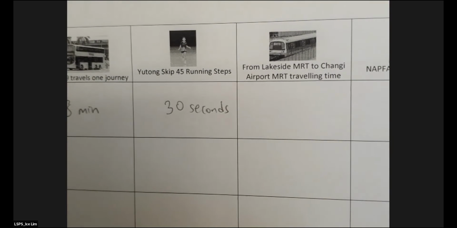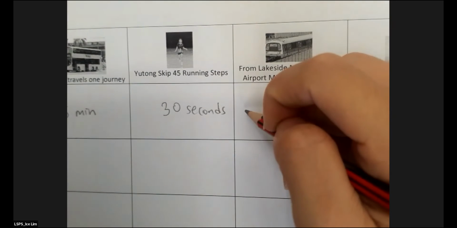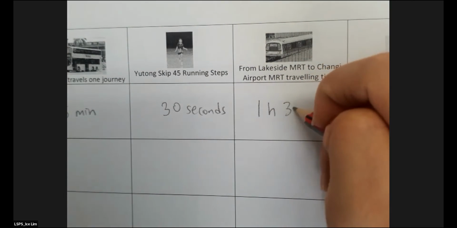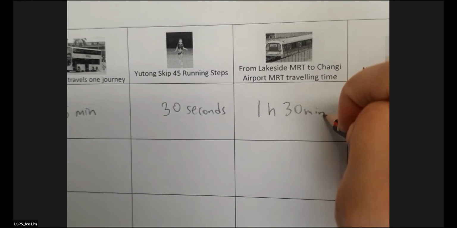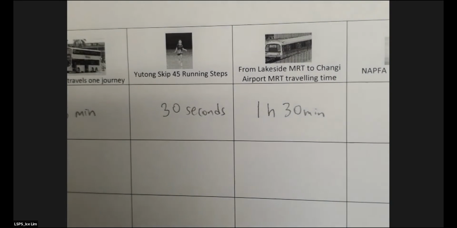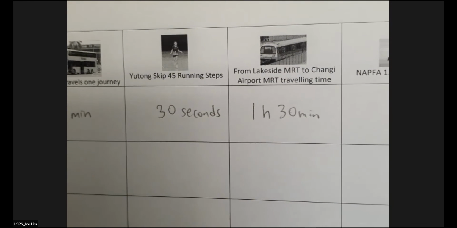Then the MRT, the Mass Rapid Transit train, travels from Lakeside MRT to Changi. It's 1 hour and 30 minutes. Yeah, it depends. Sometimes if the MRT breaks down, then it'll take longer.